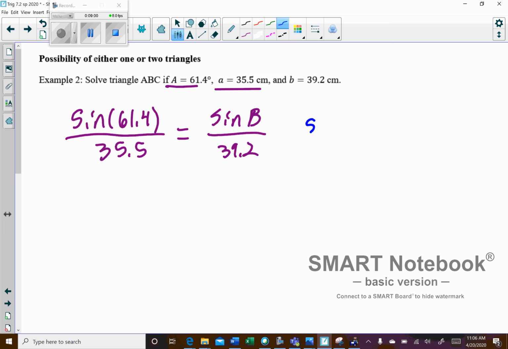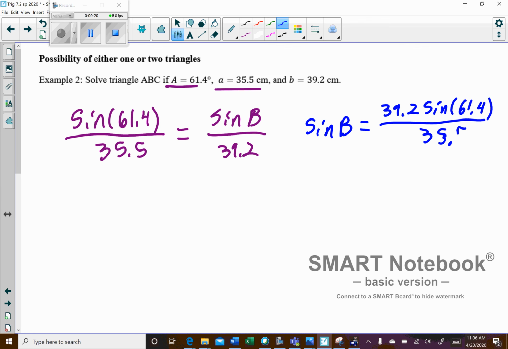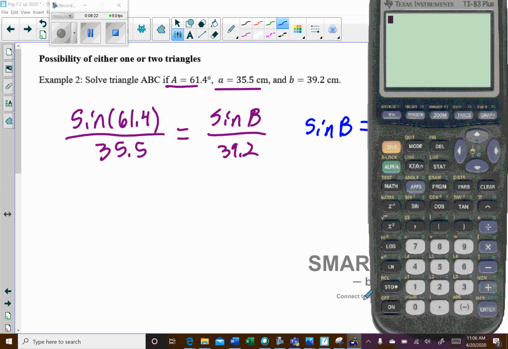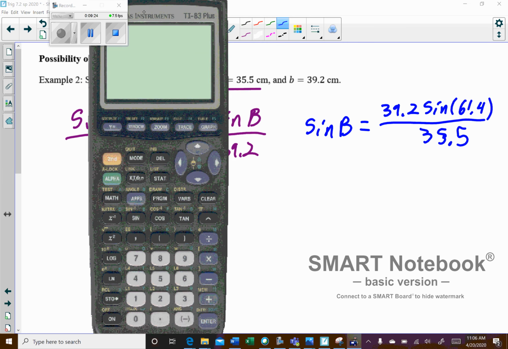And so we'll multiply both sides by 39.2 like I did on the other one. So I'm going to try to just fit this all up here. Sine of B equals 39.2 times sine of 61.4 all over 35.5. Grab my calculator.